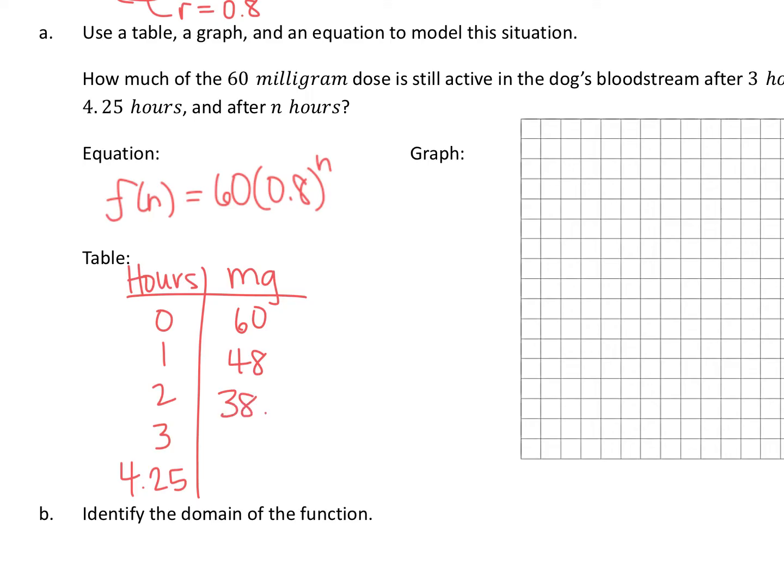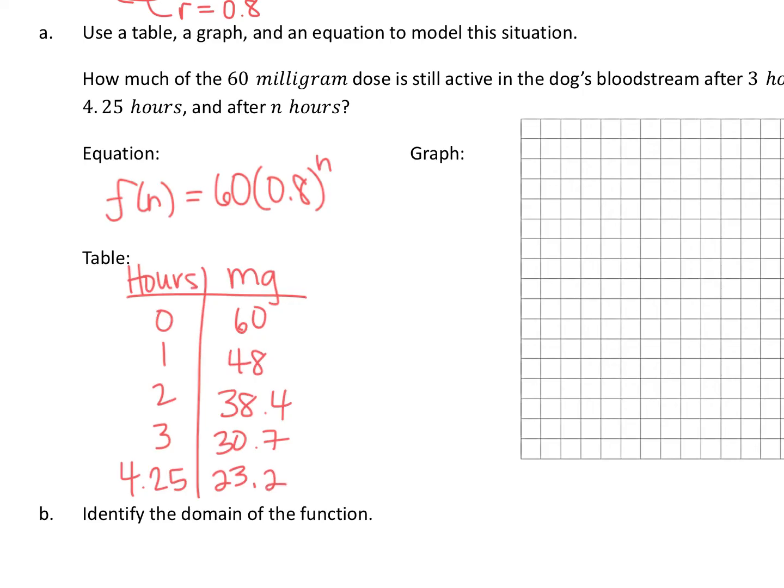Then I replace the n with 2 hours, so I have 38.4 milligrams, and then replace the n with 3 hours, and I'm at 30.7 milligrams left that's effective. Then I can just replace the n with 4.25 in my equation, and that gets me 23.2 milligrams at that time.